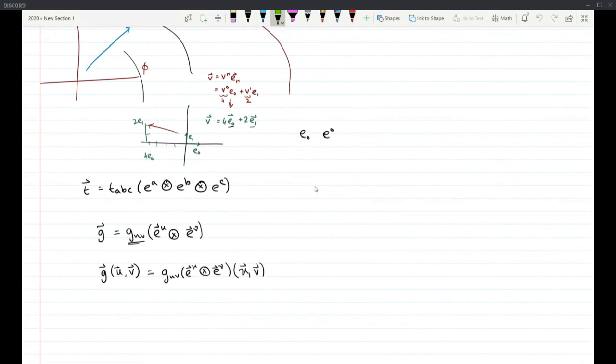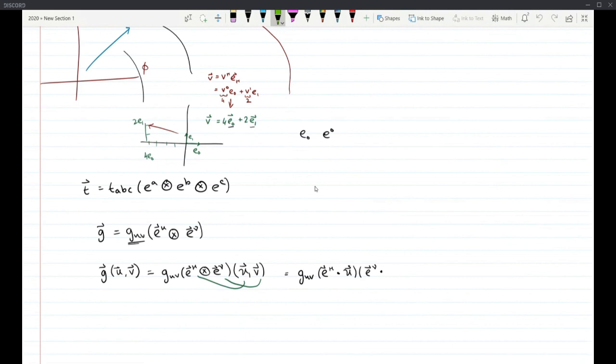And if you remember my definition from the outer product, it's just dot the first vector and dot the second vector. What does this become? Well, it becomes G mu nu times E mu dot U times E nu dot V.